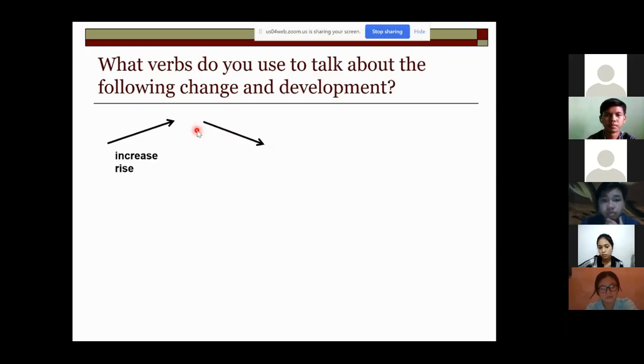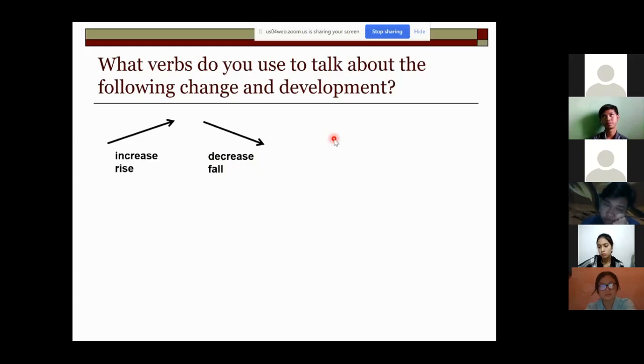Okay, the opposite of increase. What is the opposite of increase or rise? Yes, you may say decrease or fall to show that maybe in the diagram, the pie chart, the statistic falls down.